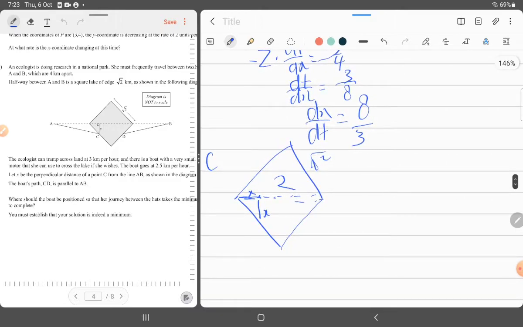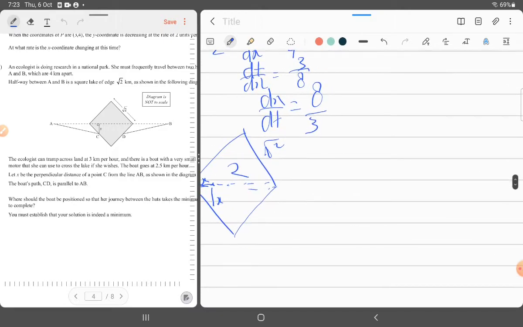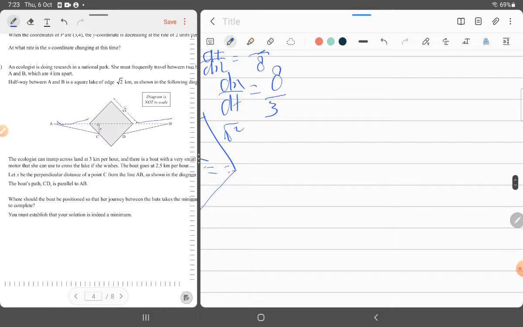So basically this is 2, this distance is 1, and this distance is also 1 since the huts are 4 kilometers apart.